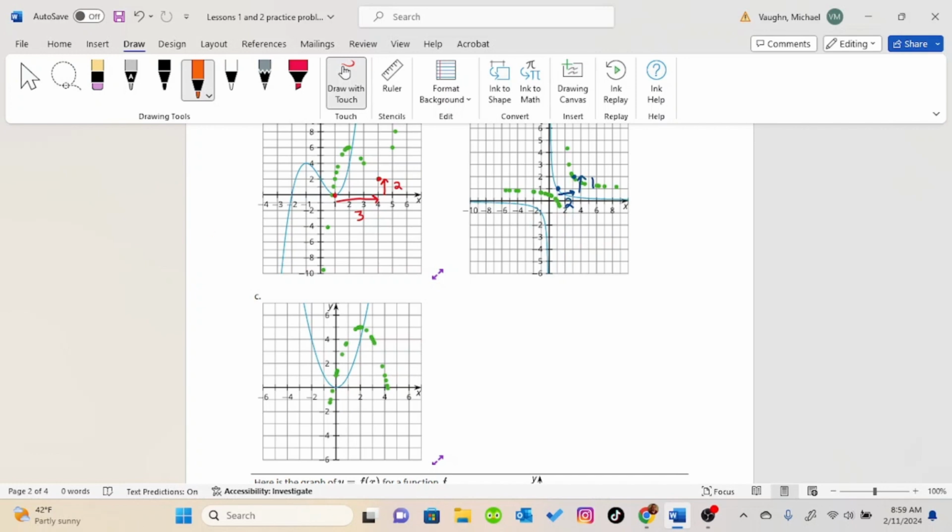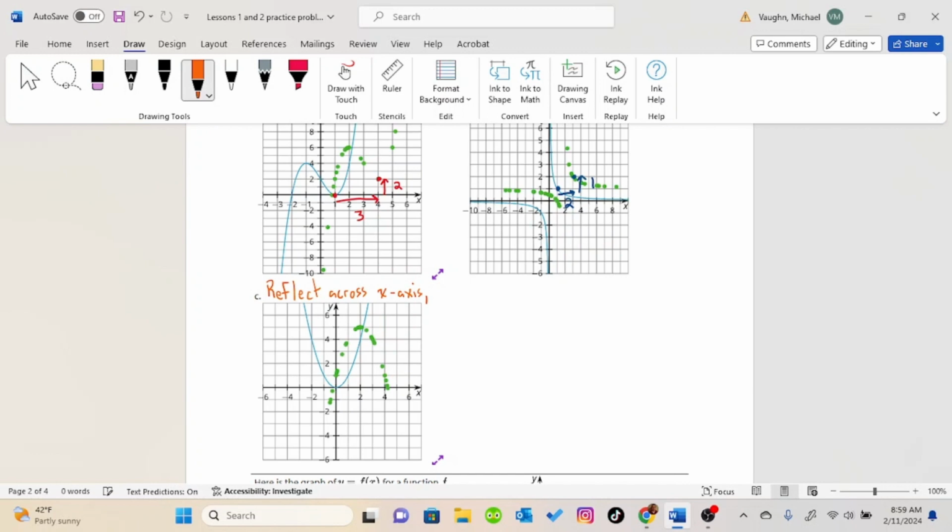This will flip it upside down. So reflect across x-axis.